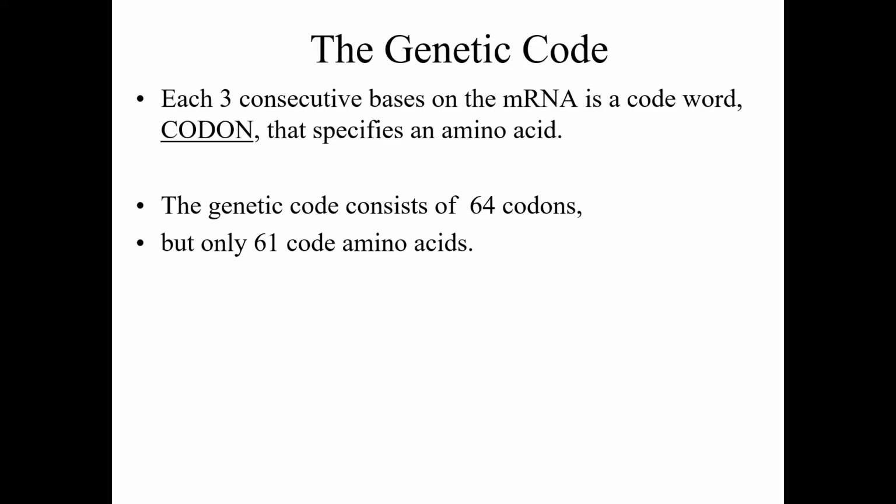So each 3 consecutive bases on the messenger RNA is a code word, that is a codon, and it specifies an amino acid. The genetic code consists of 64 codons, but only 61 code for amino acids.